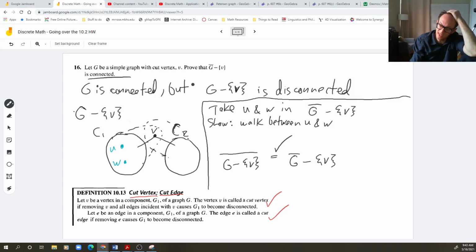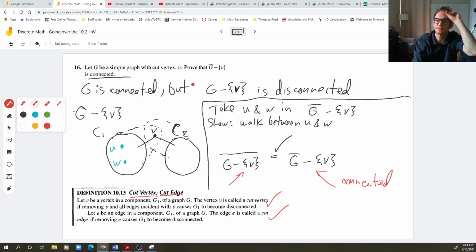And since this just is true, then I really can just apply the theorem from the beginning, right? I know that this is connected because I know that this is disconnected.